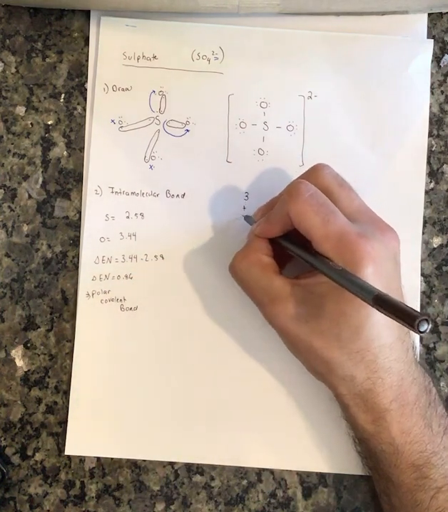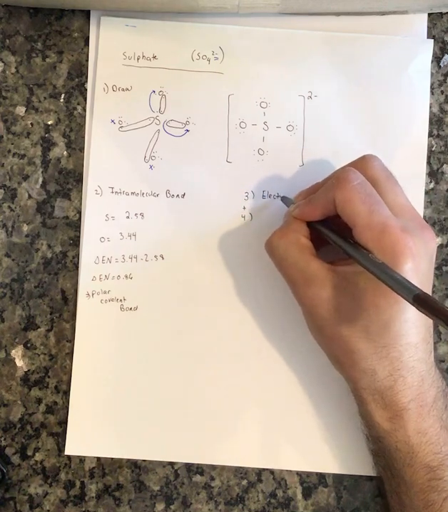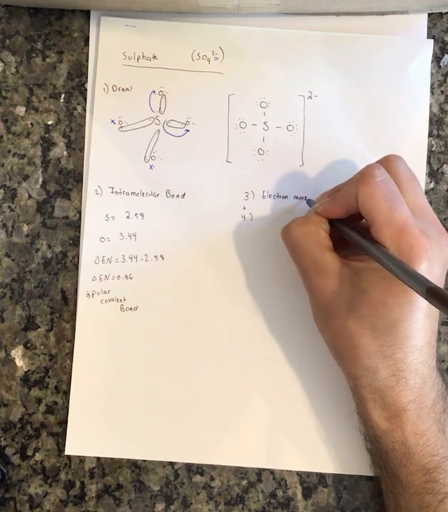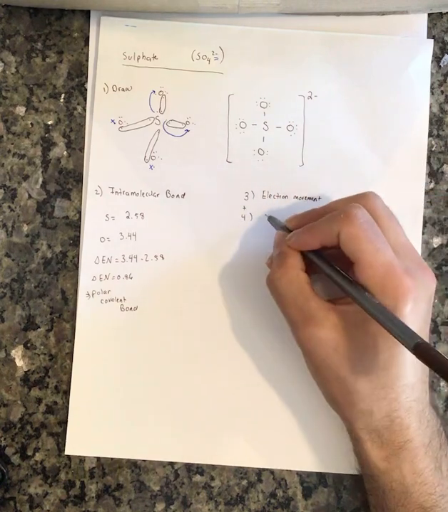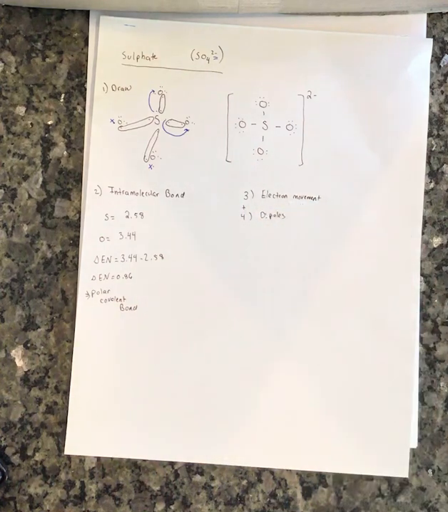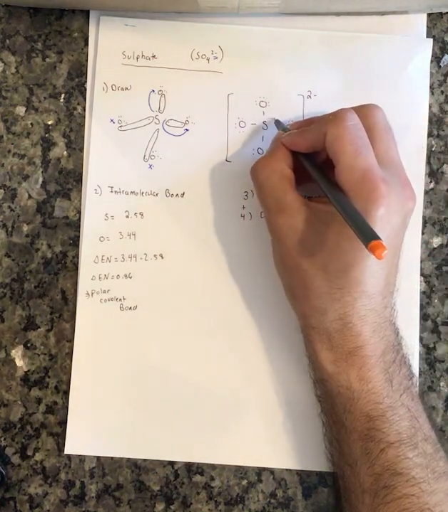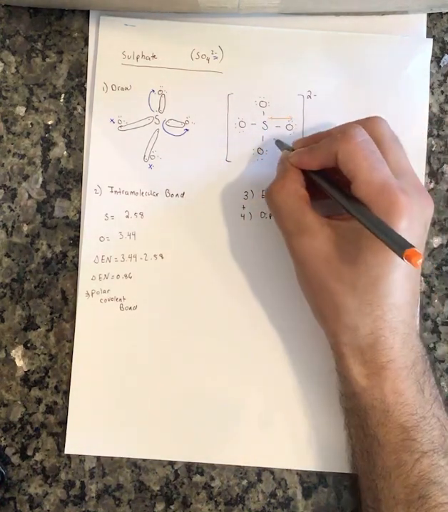So 3 and 4. The first one is our electron movement, and the next one is our dipoles. Now, because oxygen is stronger, it's going to pull the electrons towards it in each direction.